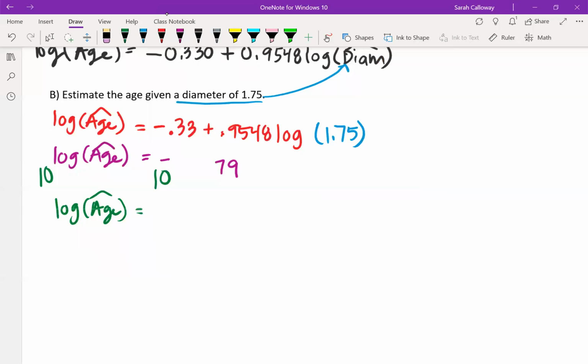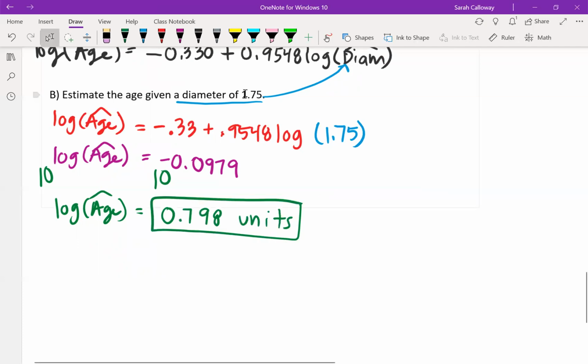Sorry, I messed up a few times on this one. So 10 to the negative 0.979 power gives us an age of about 0.798. And again, I don't know the units, so I'm just writing units.